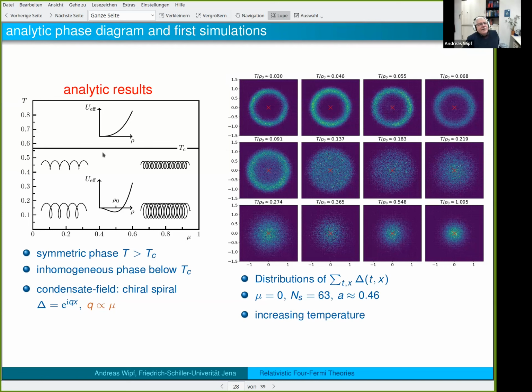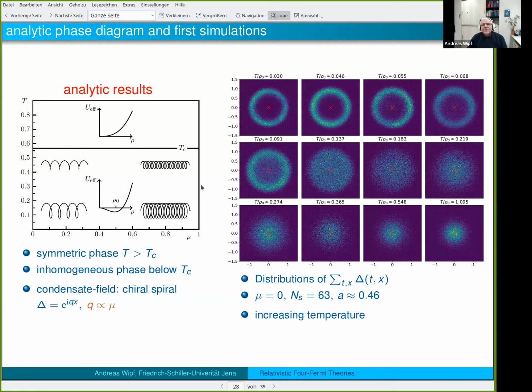In the analytic result, the effective potential has a minimum at the origin in the upper part, in the high temperature phase. There's a minimum away from the origin in the low temperature phase, but the condensate winds, so to say. So it forms a chiral spiral. That's how it's called. If you go along the x direction, then this complex field really winds and forms this sort of spiral.